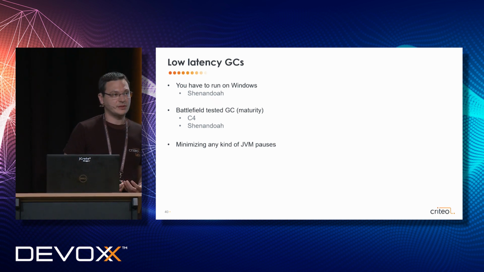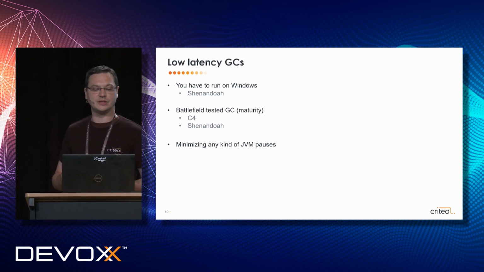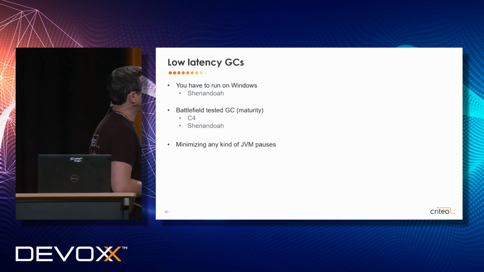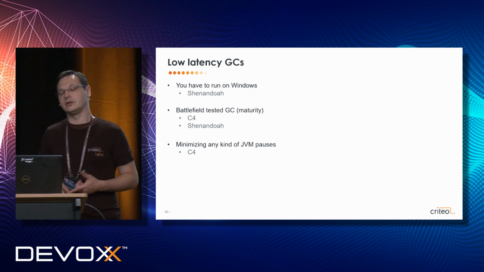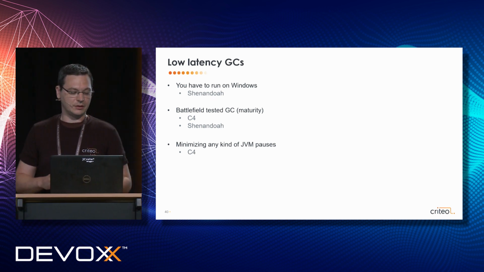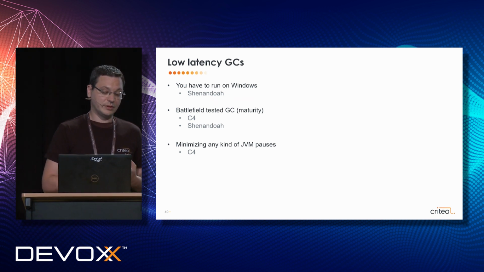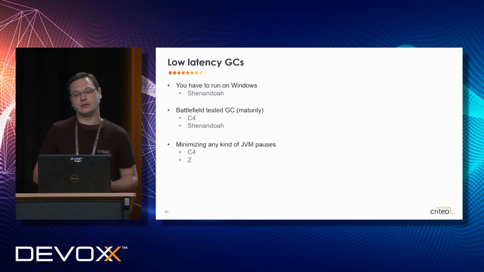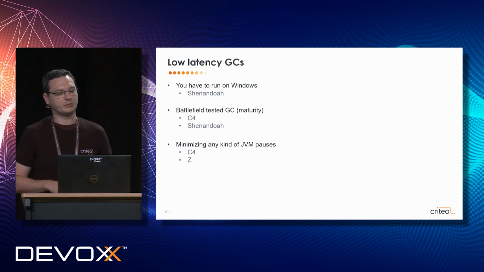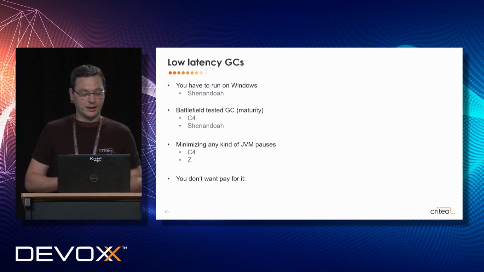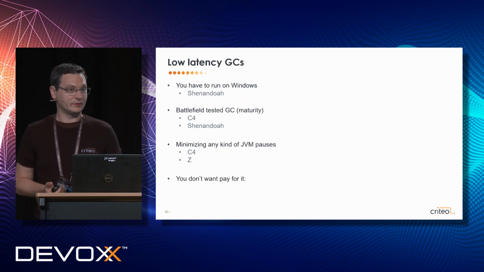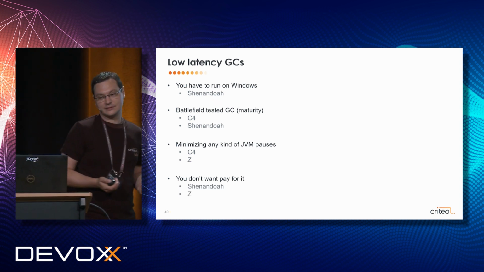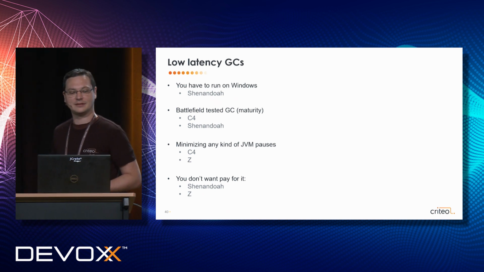If you want to minimize pauses, and not only GC pauses, because there are other pauses in the JVM beside the GC, you can use C4 because it also implements concurrent class unloading, concurrent reference processing, concurrent deflation, and others. ZGC also implements these things, concurrent class unloading and concurrent reference processing currently. If you don't want to pay for this kind of GC, use Shenandoah or Z, because for C4 you need to pay a license.